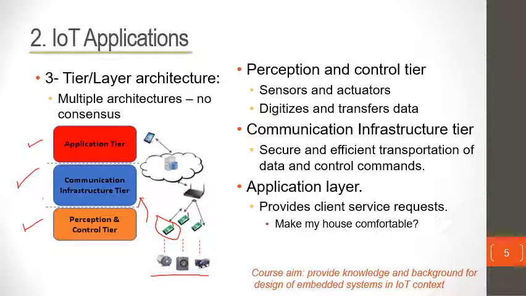In this case, the communication tier can include both the local communication within the place of implementation, the building, for example, and also the communication between the local servers and remote servers via the internet. So the communication infrastructure tier contains both the short range and the long range communication. The application layer provides services to the client.